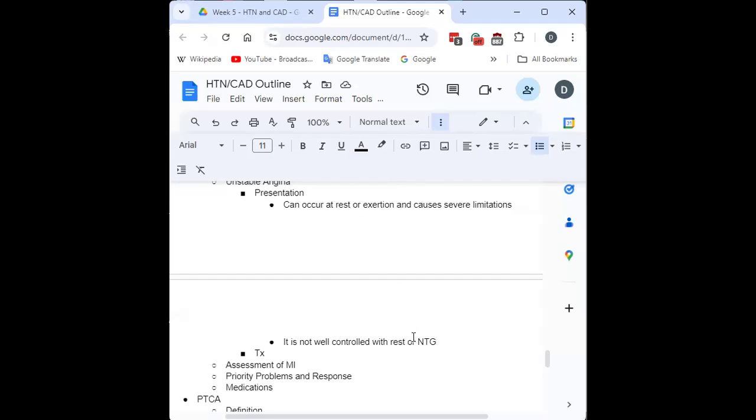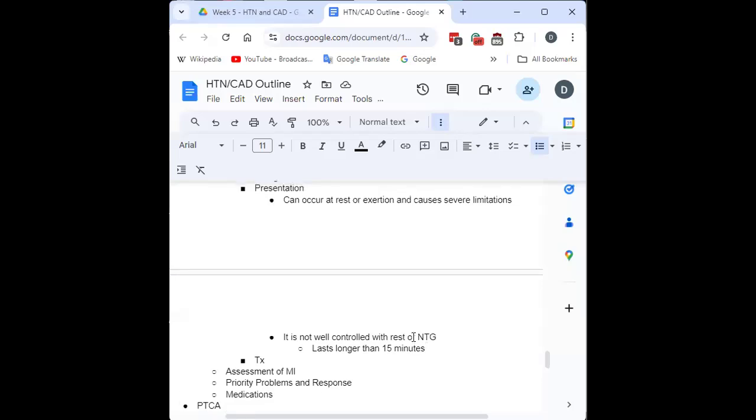So it could occur with activity, or it could occur with rest. Could occur with either, but stable angina pretty much only occurs with some kind of stimulant or stressor. I think that was something I got hung up on in 220 when I was there.